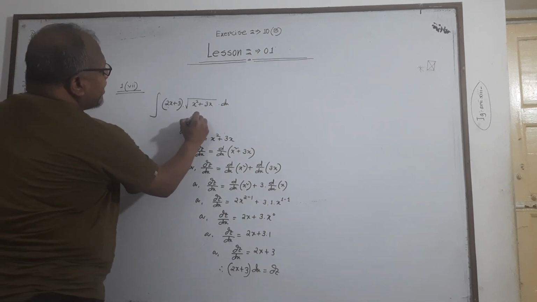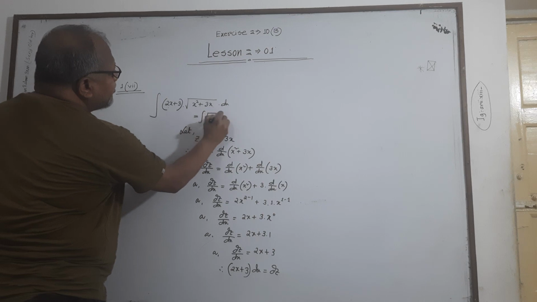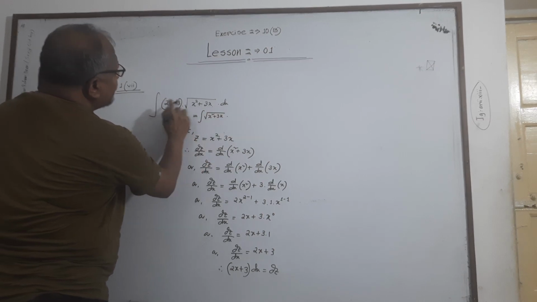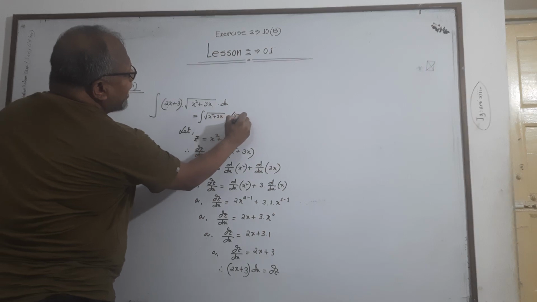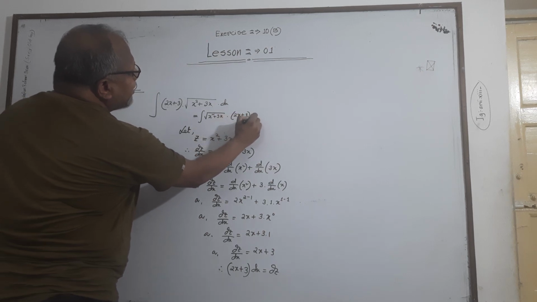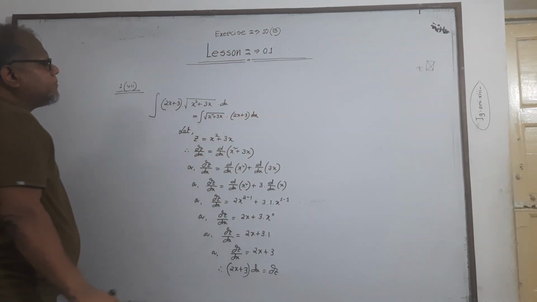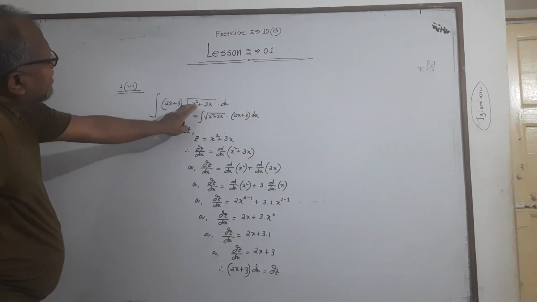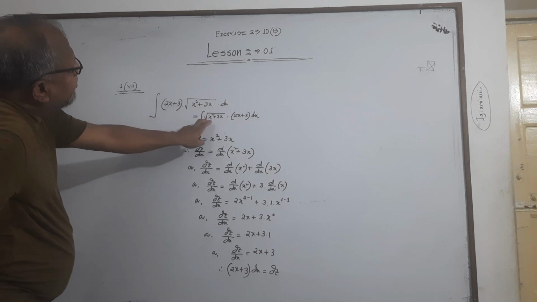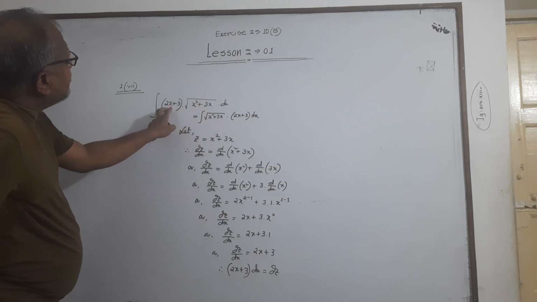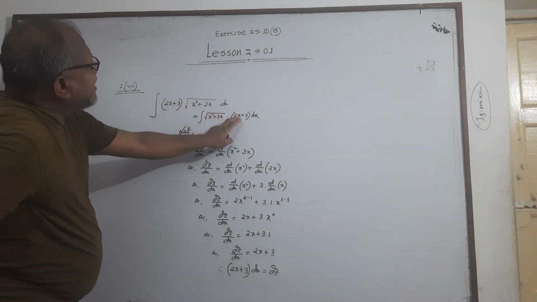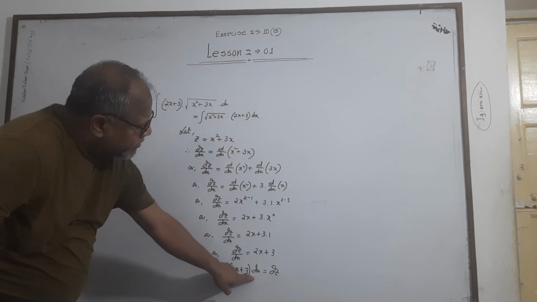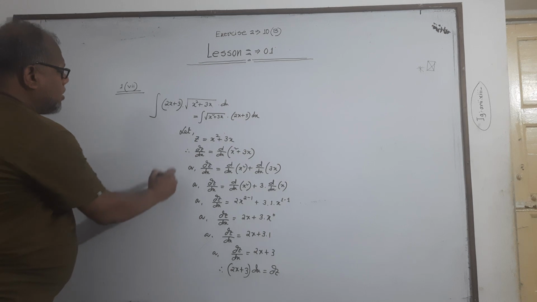Here I can simplify it a little bit: root over x square plus 3x into (2x plus 3) into dx. I organized it so that this part is here, (2x plus 3) into dx, and the value of (2x plus 3) into dx equals dz.